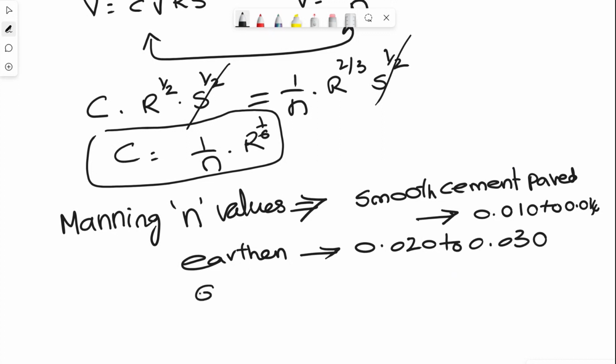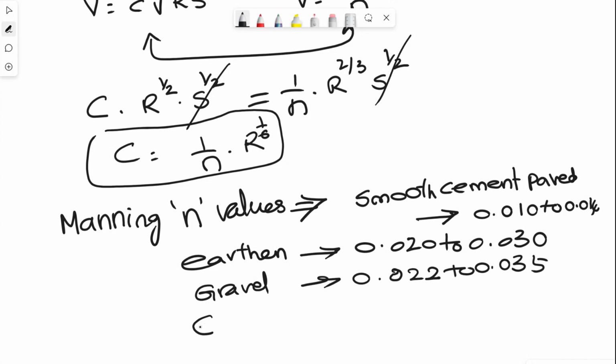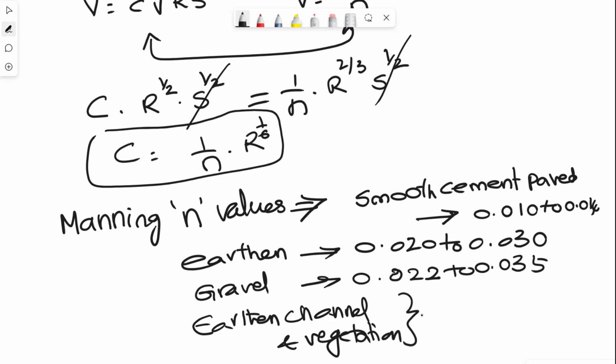If I take gravel as the channel material, then it will be 0.022 to 0.035. Then a completely earthen channel with vegetation inside, it may vary from 0.025 to 0.040. This is how it varies. So the idea is 0.010 is very smooth, and 0.025 to 0.040 is a channel with complete vegetation.